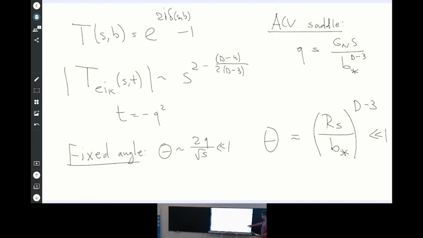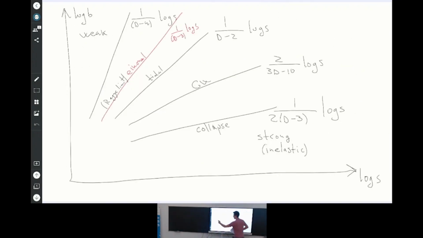So in particular, you see that if we consider, say, small angles, then the impact parameters which are supposed to dominate are much larger than the Schwarzschild radius. However, they are expected to be in this regime, so they are shifted by some constant from this collapse region.